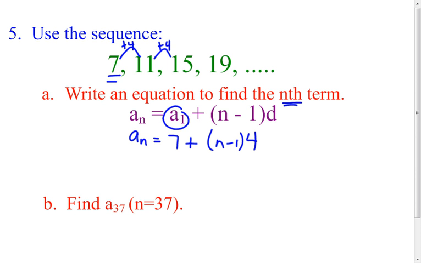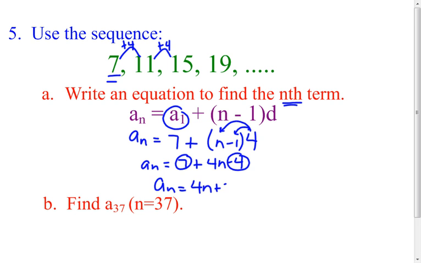So I will distribute this 4 through, and I'll have an equals 7 plus 4n minus 4. And if you combine your like terms, if I combine the 7 and the negative 4, I get 3. So I'll have 4n plus 3. So that is the formula that I will be able to use to find any term number on the list.